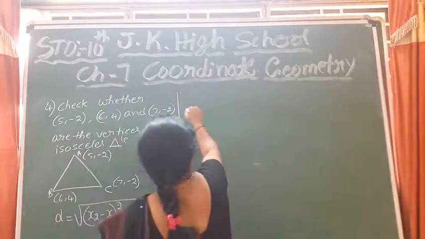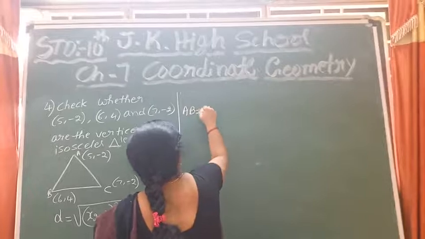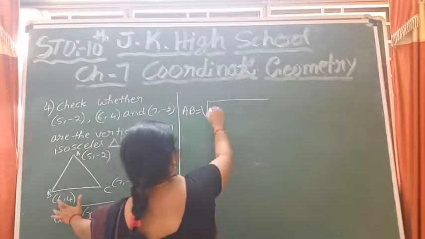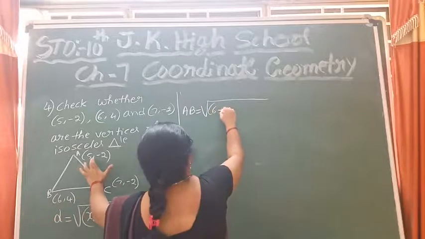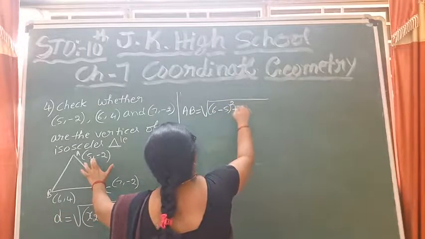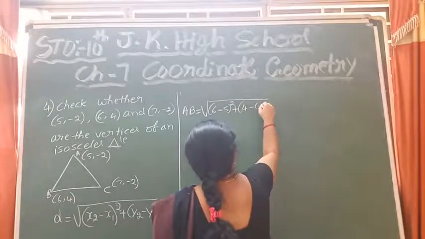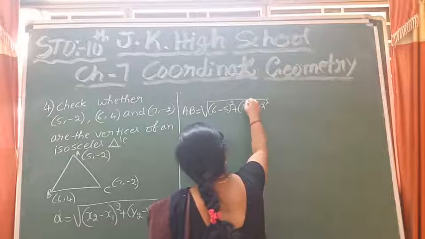I am finding the distance AB now. According to this formula, AB is the square root of (6 minus 5) whole square plus (4 minus of minus 2) whole square.